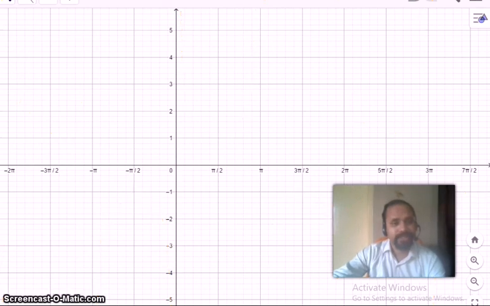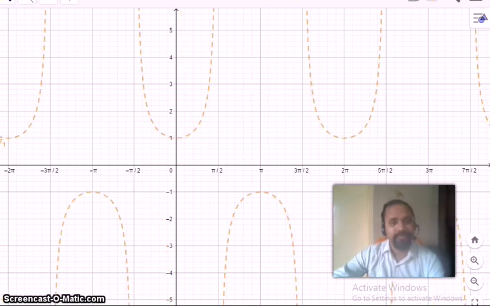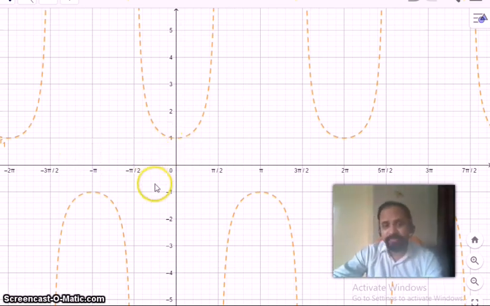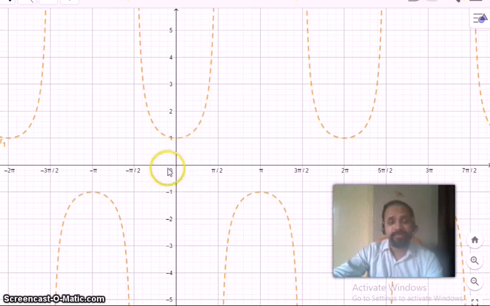Let us see the graph of sec x. In this one also you can see there is no value between 1 and minus 1. In sec also, 1 and minus 1 are included. That means all real values except between 1 and minus 1. This is the graph of sec theta.